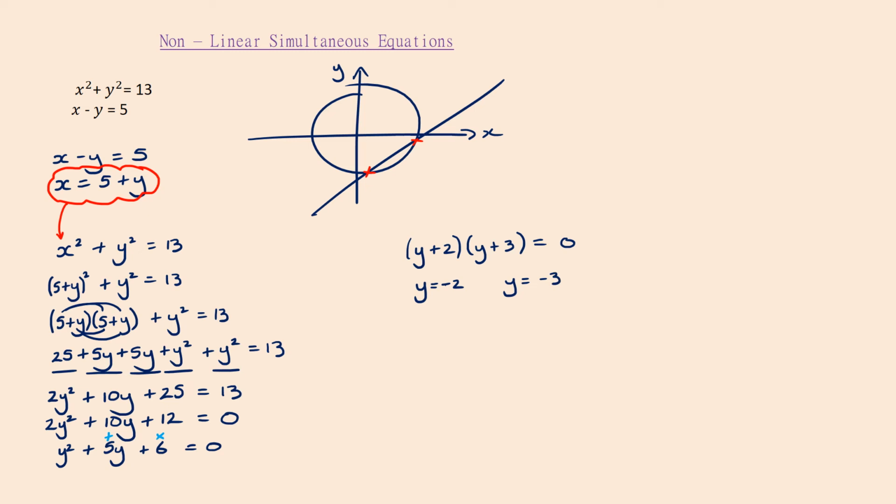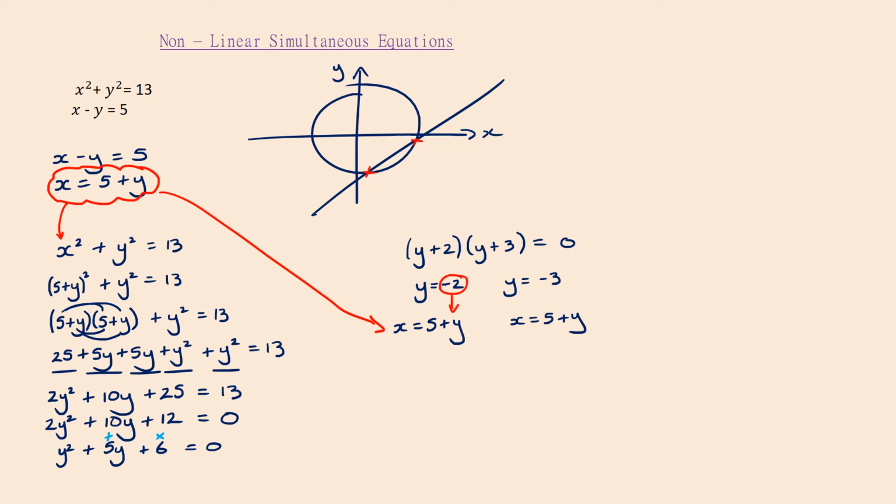The very last thing to do, now that we have our two y values, is to find the corresponding x values. So if you look at our linear equation for x at the very start, let's use that again. So we know that x is the same as 5 plus y. So when y takes a value of -2, let's sub it in there.